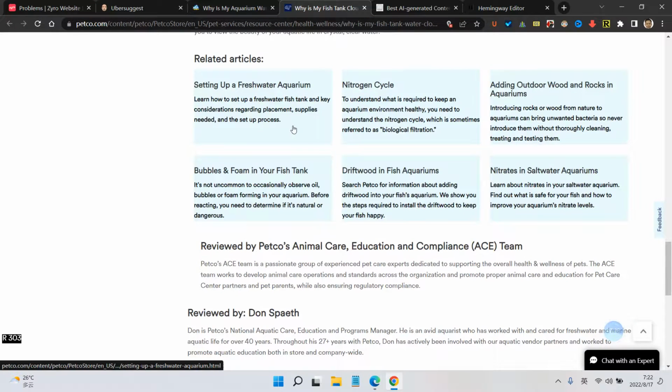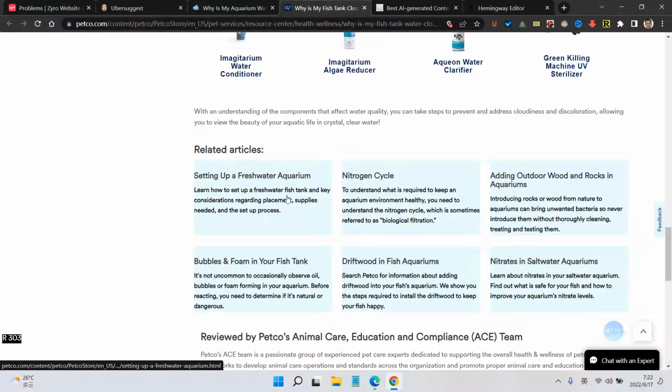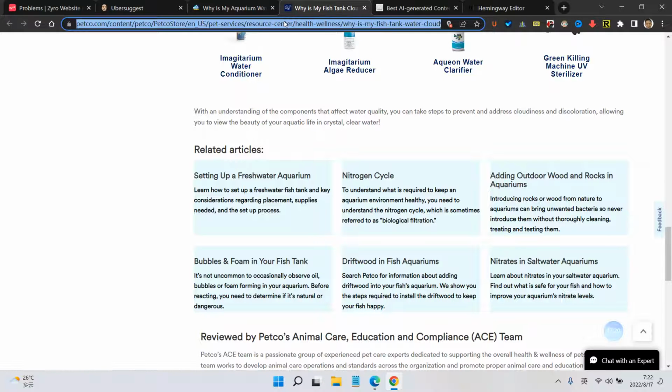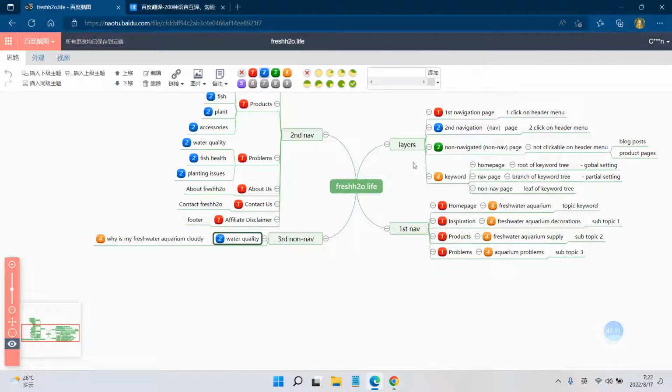So this will be a topic, a big topic. Let's say this is a subtopic, like the second layer. This is the third layer, and this will be the second layer, and the first layer will be the home page, or maybe the navigation page. This is the first layer, something like that.